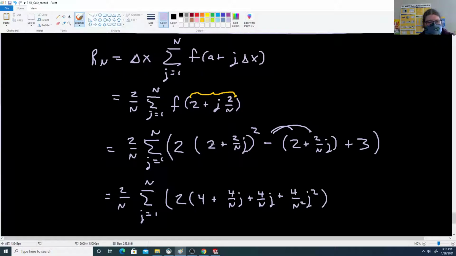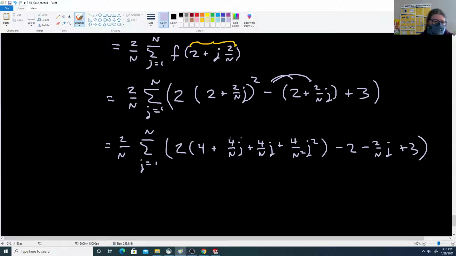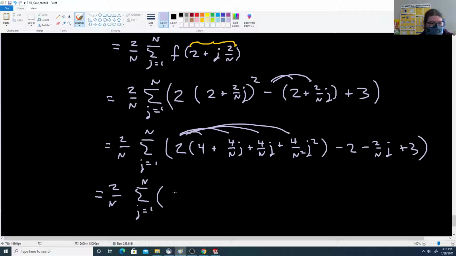That should be, if I FOILed that all out correctly, we get minus 2 over n j plus 3. So now I need to let this 2 distribute. Then I need to combine like terms. And then we'll simplify it down and let the limits go to infinity.